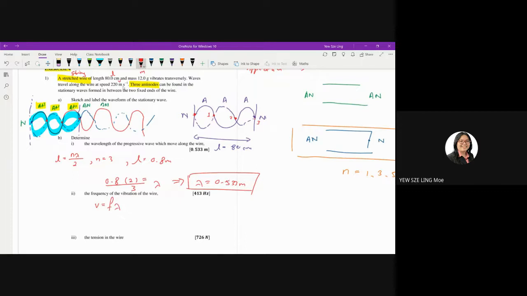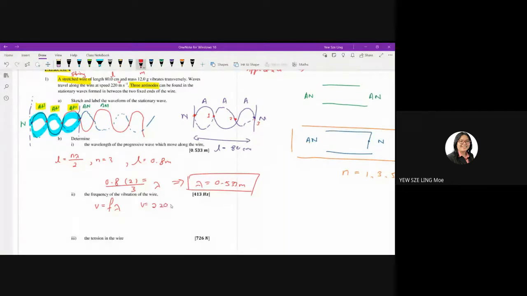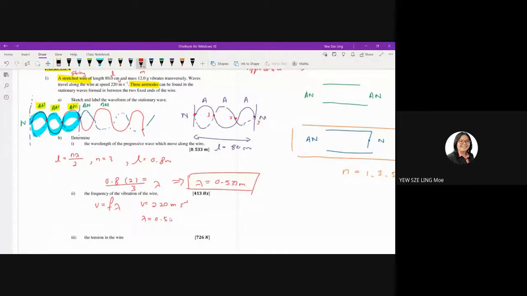Given v equals 220 m s^-1, and according to the previous question, lambda equals 0.533 meter. So you plug it in and rearrange the equation. Eventually, you will obtain f equals 413 hertz. So that is the answer for the second question.